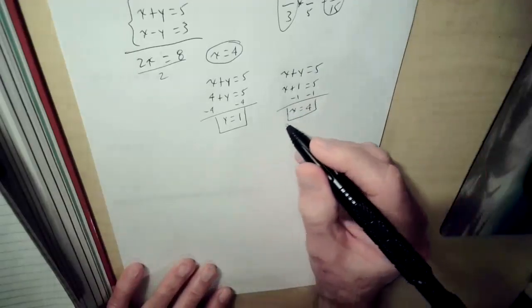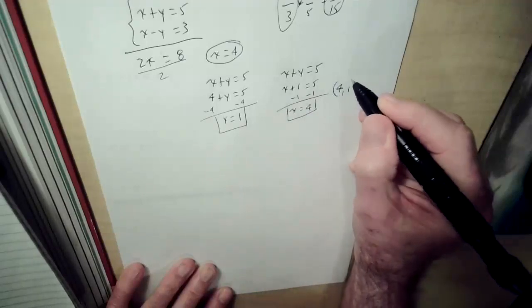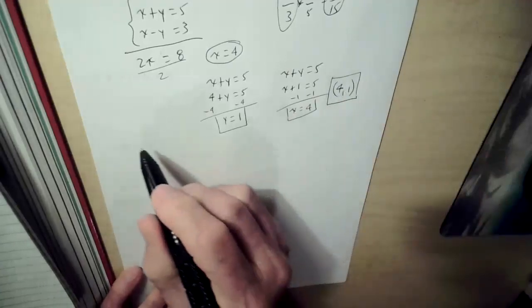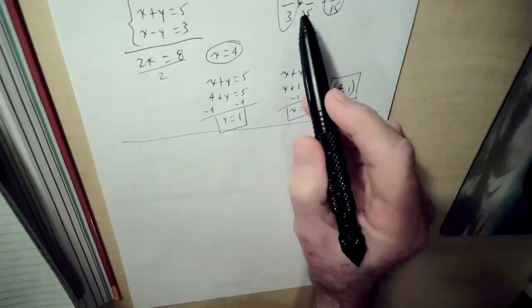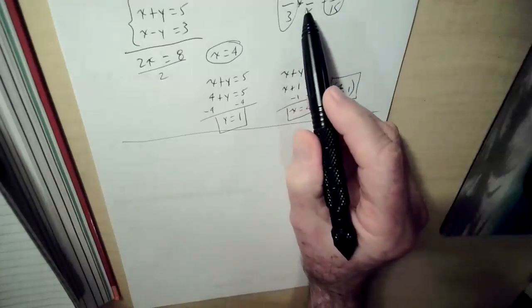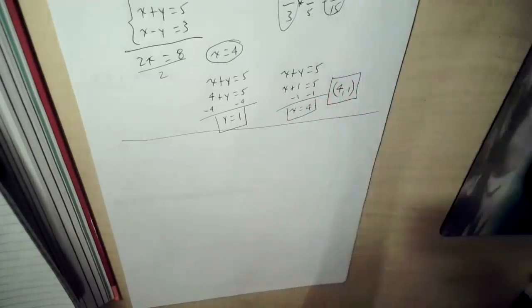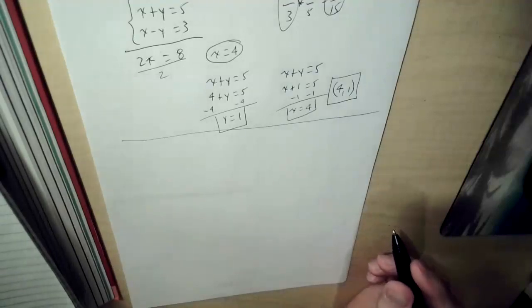So our solution here is 4, 1. Okay, I told you this up here because we're going to end up multiplying something. Let's see, what else do we have going on here?